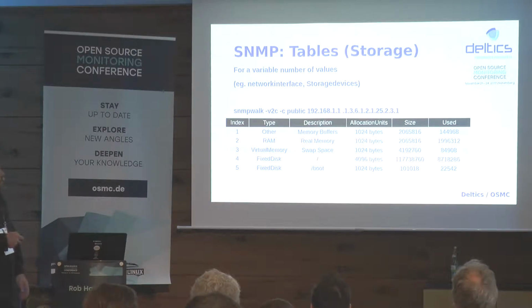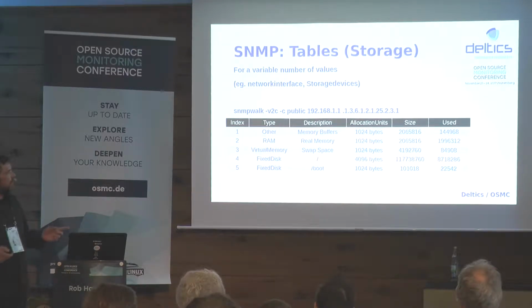So in this example, I'll show you a storage device. I do an SNMP walk with my very secret community string to an IP address, and I'll ask for all storage devices. Then instead of getting just one thing back, I'll get a table back.